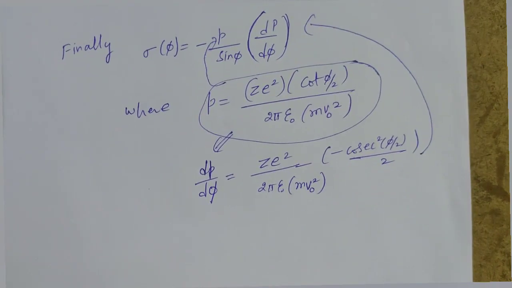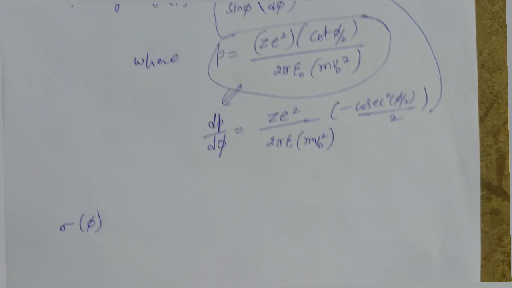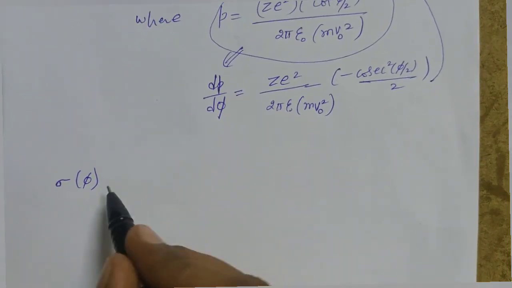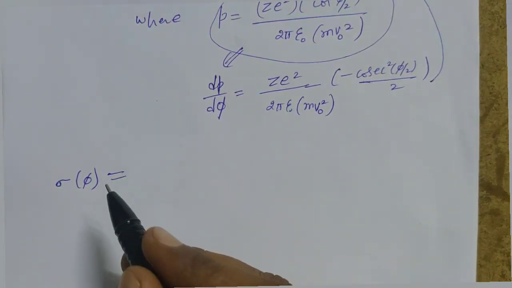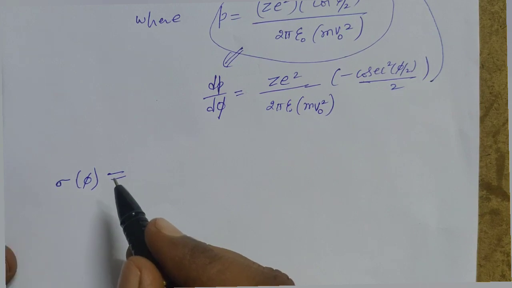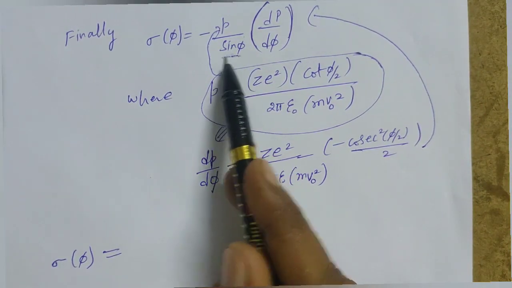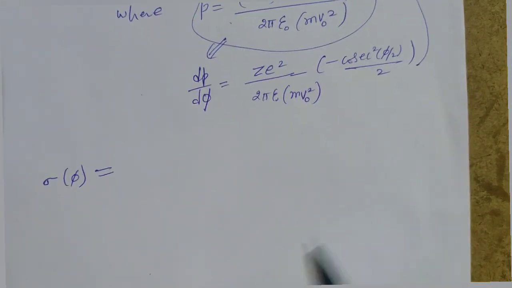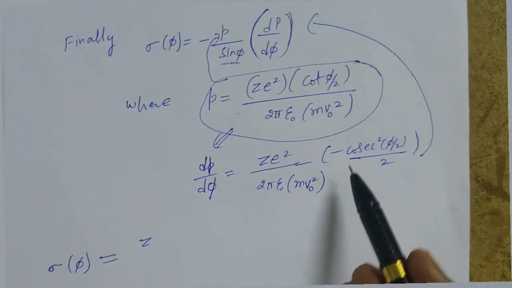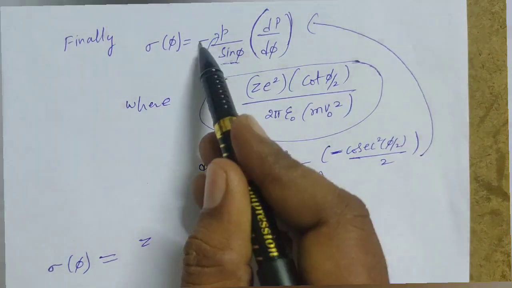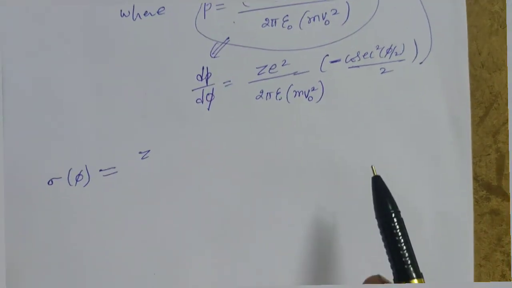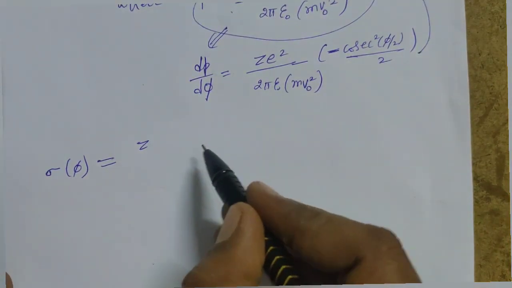When I put that, the differential cross section, sigma as a function of phi, will become, so the first term, that is p, and don't forget the sin phi is there. So that is ze square cot of phi by 2 whole divided by 2 pi epsilon naught m v naught square. Anyway, this minus sign and this minus sign will become positive, no need to worry about that negative sign.